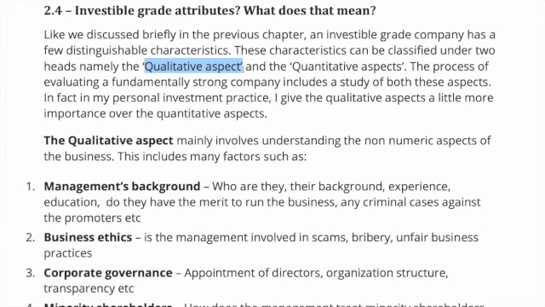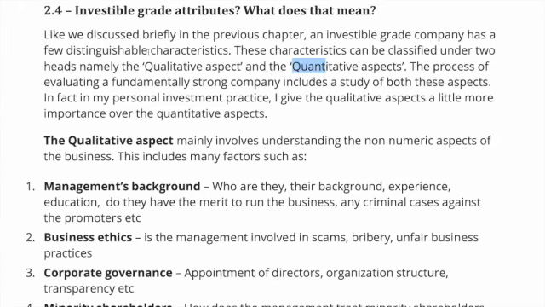Namely, we're going to classify investable grade characteristics using two headers. One, qualitative aspect. Quality, dealing with the quality of a stock. See quality and qualitative. And then the other, quantitative. So it's going to deal with some numerical value, the quantity of something, how many.